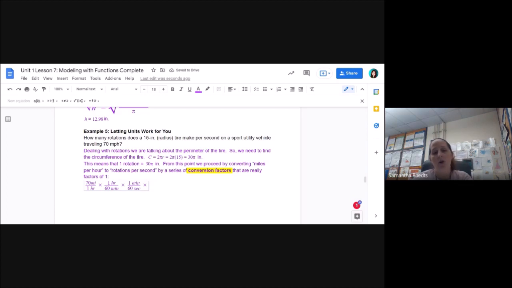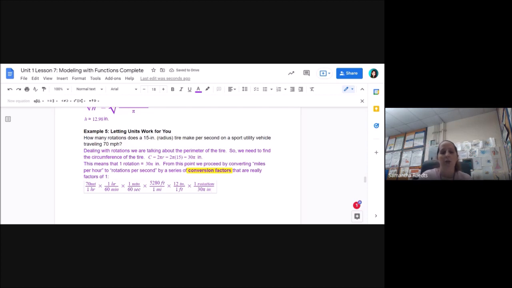There are also 5,280 feet in 1 mile, times 12 inches in 1 foot, times 1 rotation in 30 pi inches.